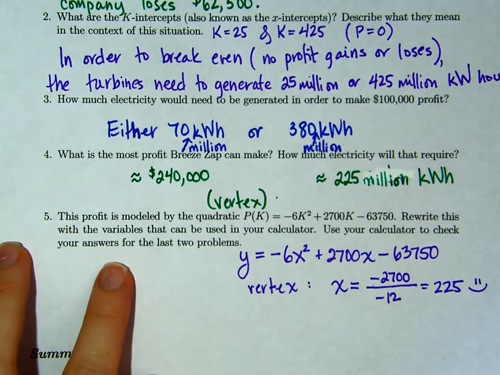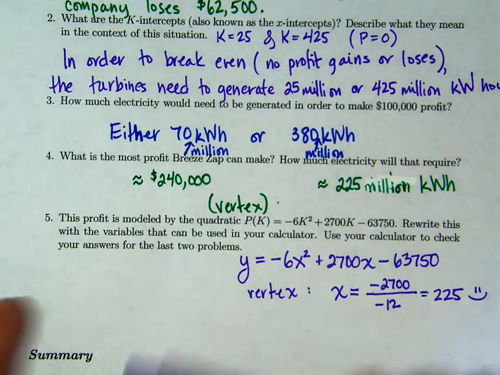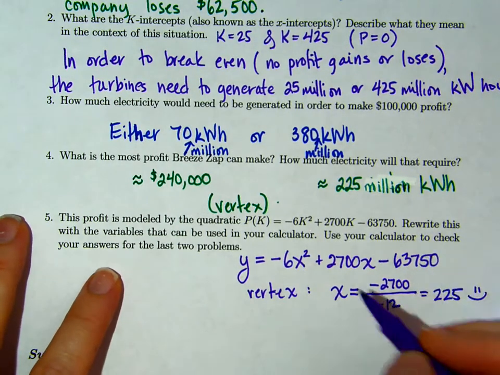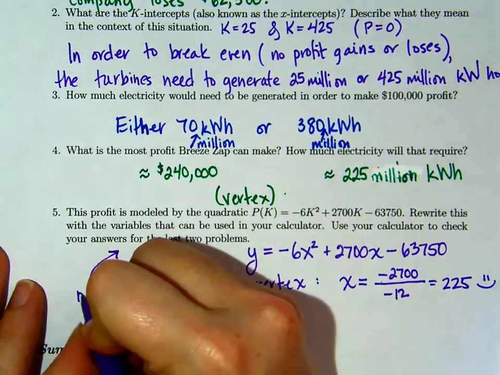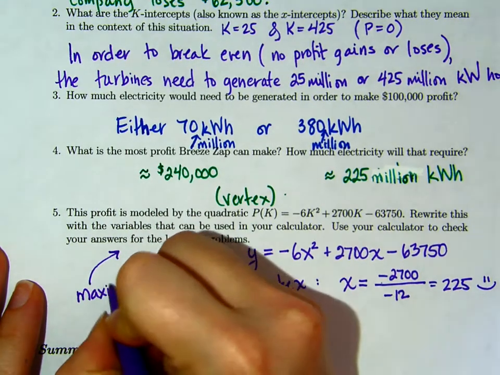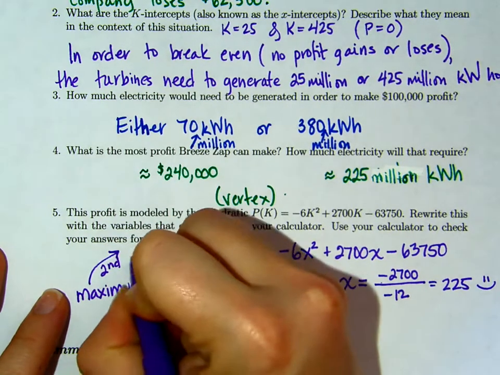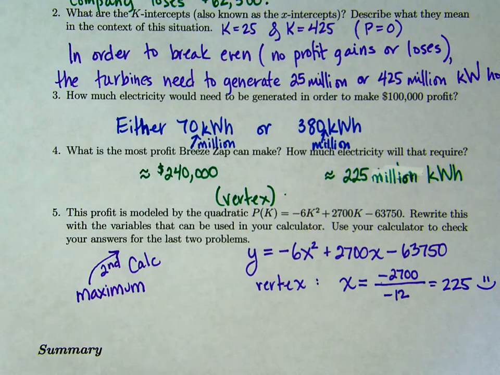So just to write down how we checked our answers, right? Okay. We used maximum, so first, second calc, or second trace, which is calc.